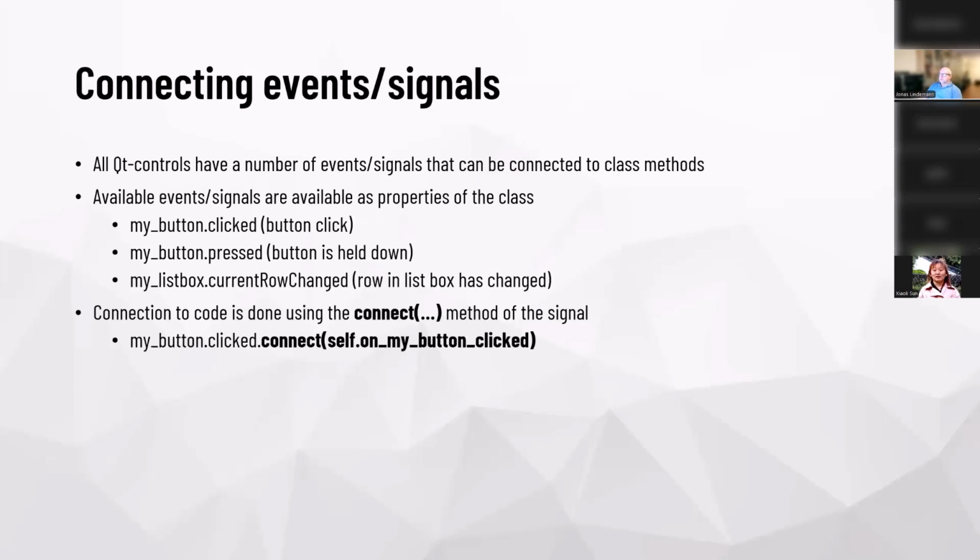And the connection is done using a method called connect. So for example, I have my button object here. There is a clicked property here, and that has a method called connect. So you select the signal you want to respond to, and then you do connect, and then you attach or specify which code should be executed when that button is clicked.